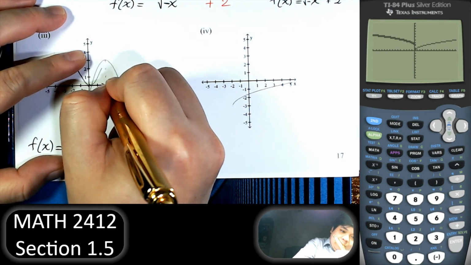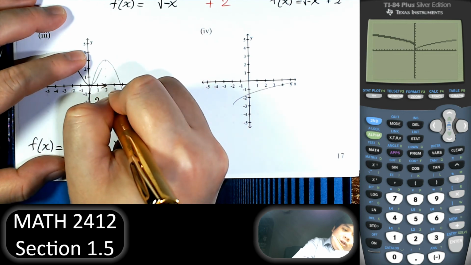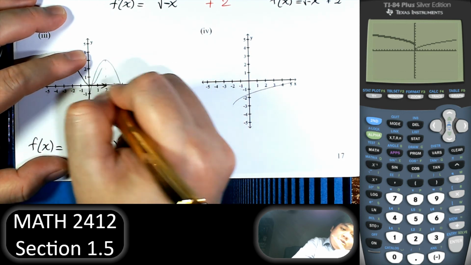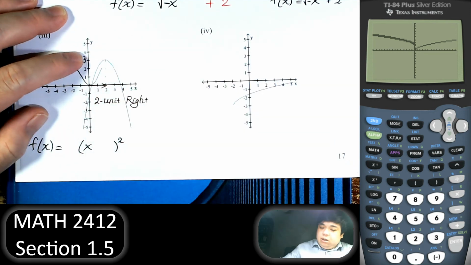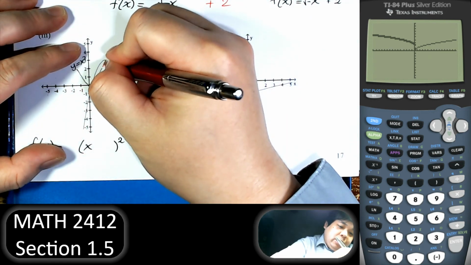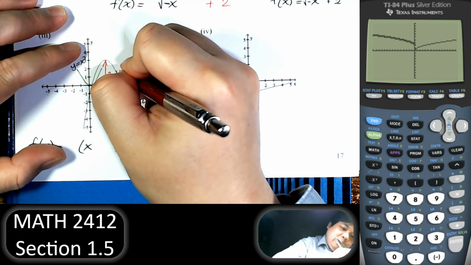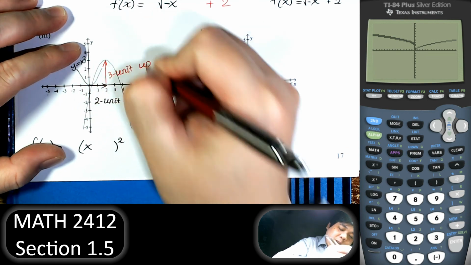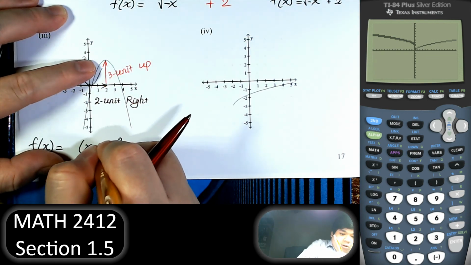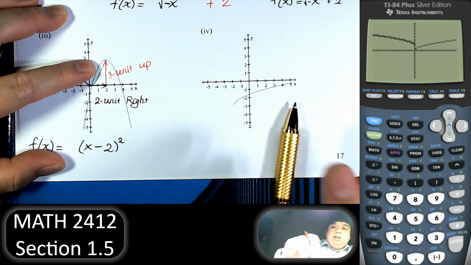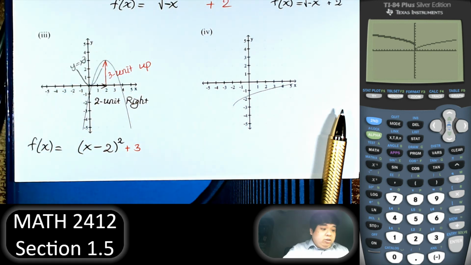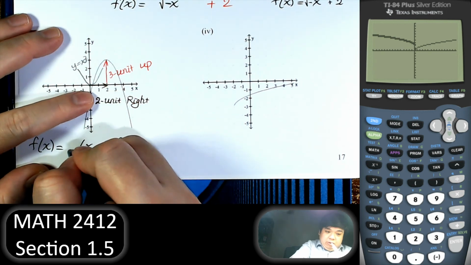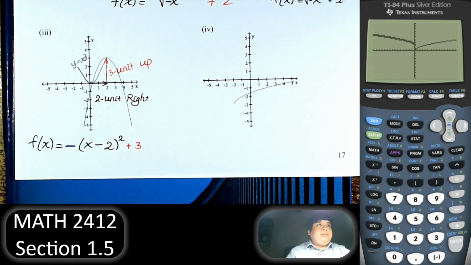So we have 2 units, actually to the right, and then 3 units up. But then we have to flip it upside down too.